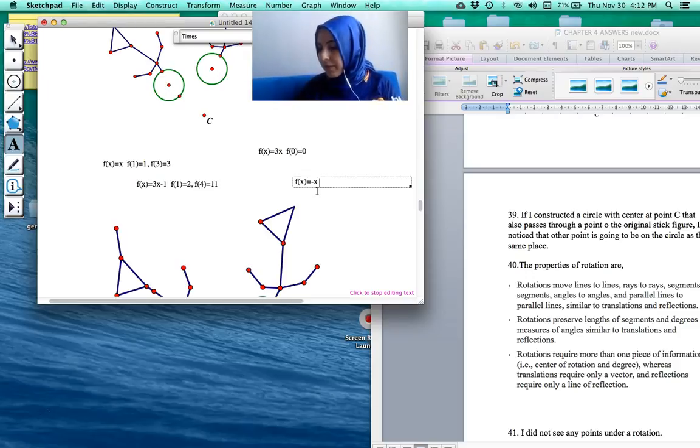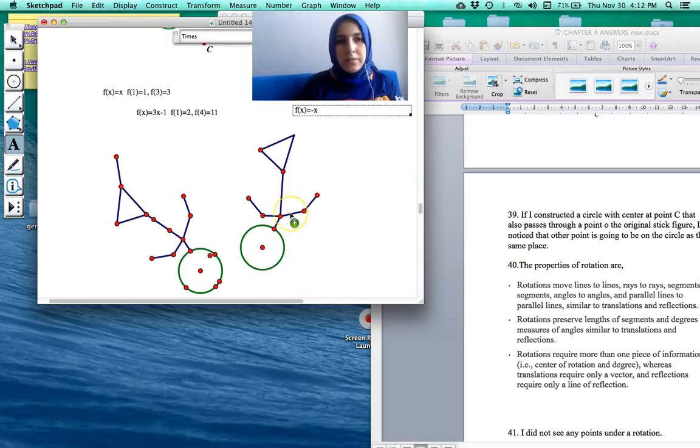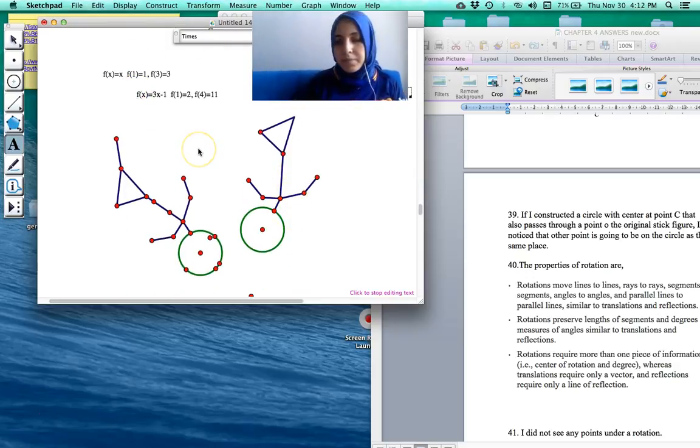Question 35. Consider the pre-image and the image stick figures. Create a description of the relationship between these two stick figures using the synchronized swimming scenario.